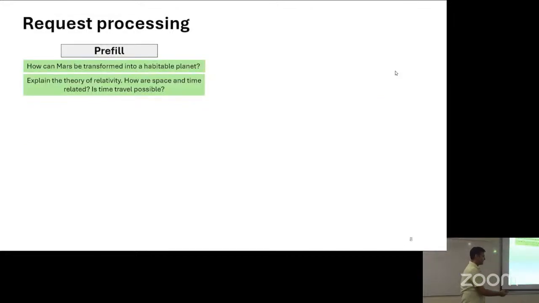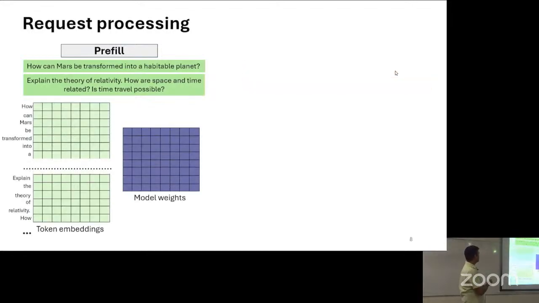Let's go one level deeper as to how this actually works. Right? So here I'm taking an example of the prefill phase where there are two requests. One is the same request that we saw before. There is one more asking it to explain the theory of relativity and so on. Right? So as I said before, these input strings are going to get tokenized. So think of this particular block as token embeddings of this input prompt. Right?